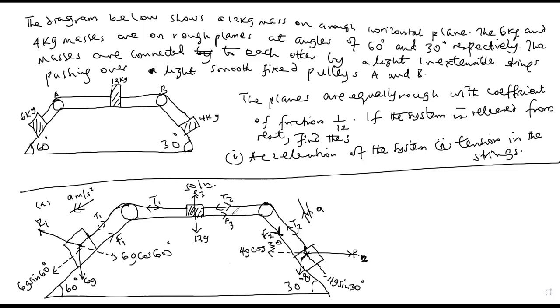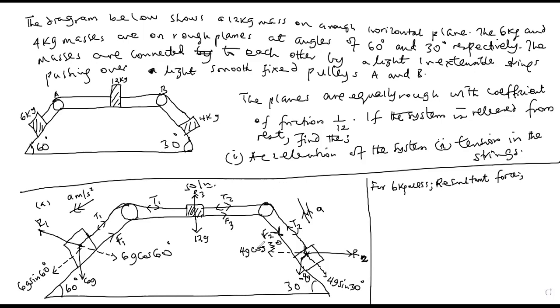I'm going to get the resultant forces, then I'll get everything on the other page, because this page may not favor me get everything. So for example, if we begin with the 6 kilogram mass, let me get the resultant force.